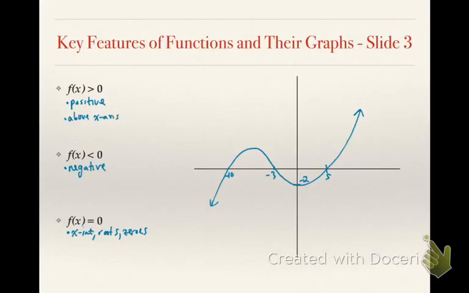And this particular function is above the x-axis in two places. It's above from -10 to -3, and also from 5 all the way up to positive infinity. So, the intervals where it is greater than 0 are going to be -10 less than x less than -3, or x is greater than 5.